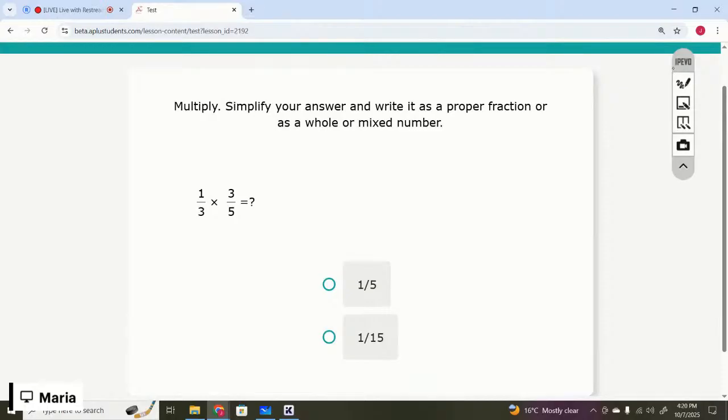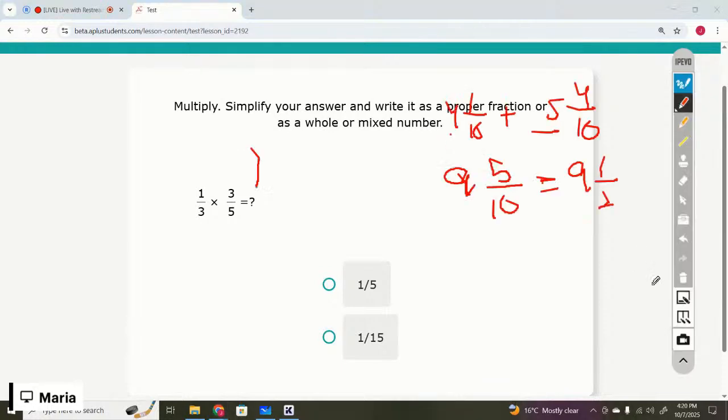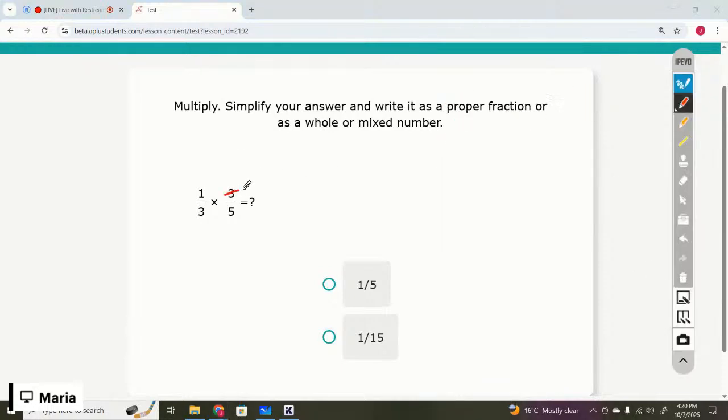1 by 3 times 3 by 5. So 3 and 3 cancel out, we are left with 1 by 5.